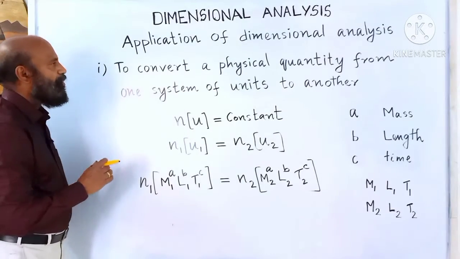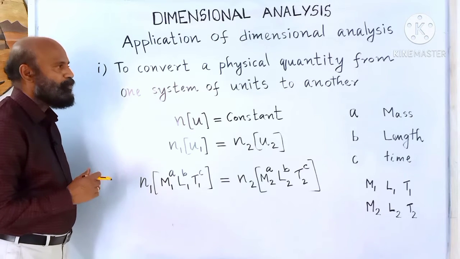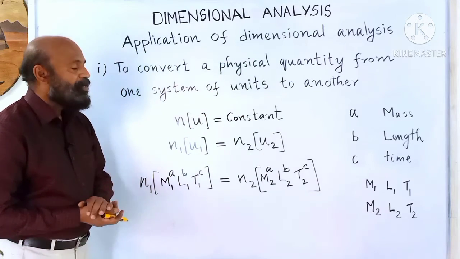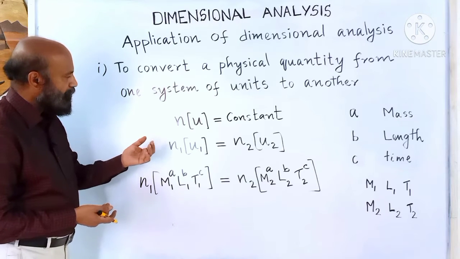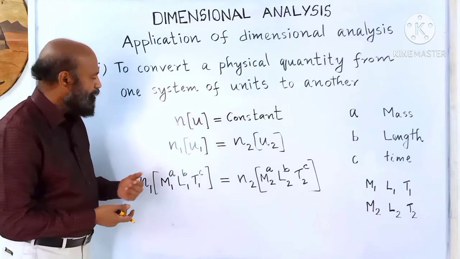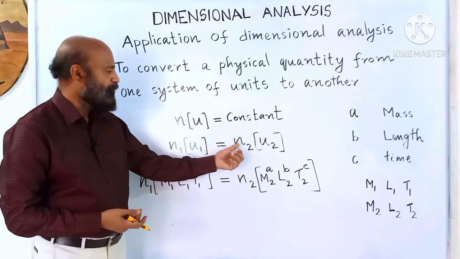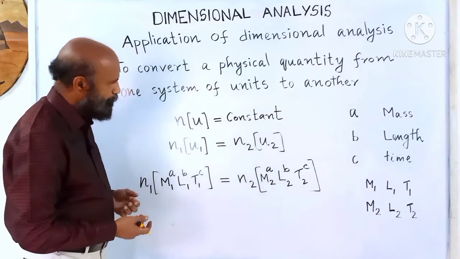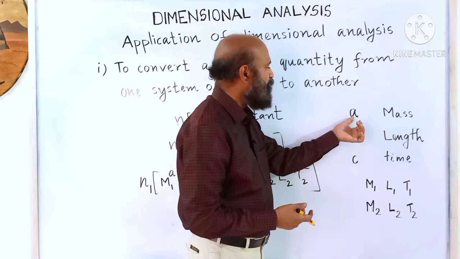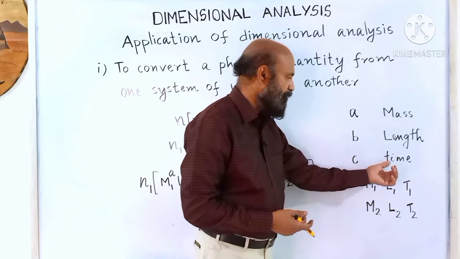First, I will explain how to convert a physical quantity from one system of units to another by the method of dimensional analysis. It is based on the fact that the product of the numerical value and the unit is a constant. That means n1 u1 will be the same as n2 u2. Consider a physical quantity which has dimension a in mass, b in length and c in time.